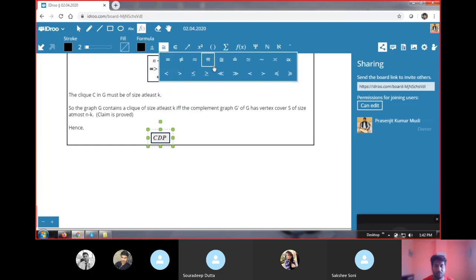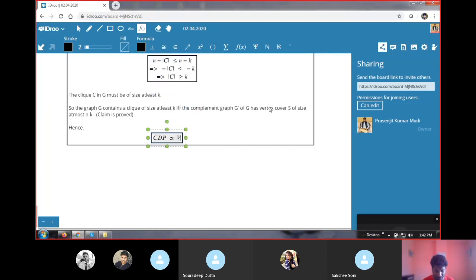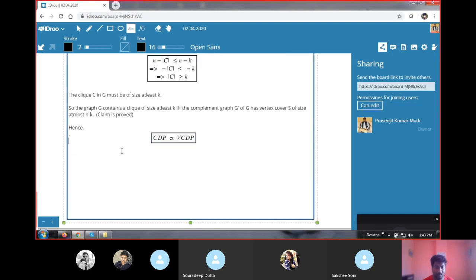So hence CDP problem reduces to vertex cover decision problem. We know that satisfiability reduces to CDP, and CDP reduces to VCDP.